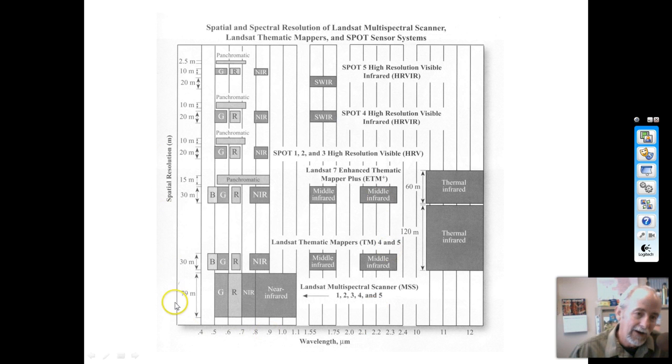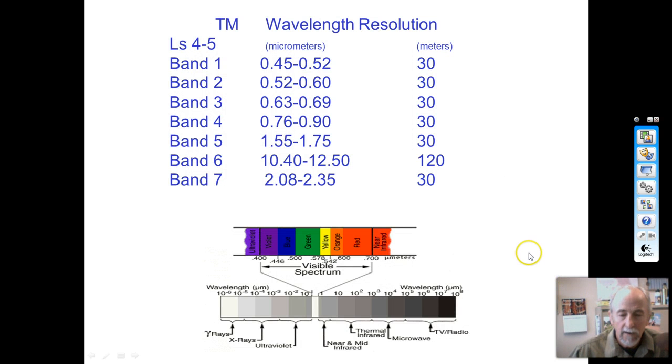So in this diagram you have spatial resolution in meters on the vertical axis and spectral resolution along the wavelength across the visible, the near and mid infrared, and then all the way up into the thermal infrared. So it's a nice sort of shorthand diagram for looking at this.